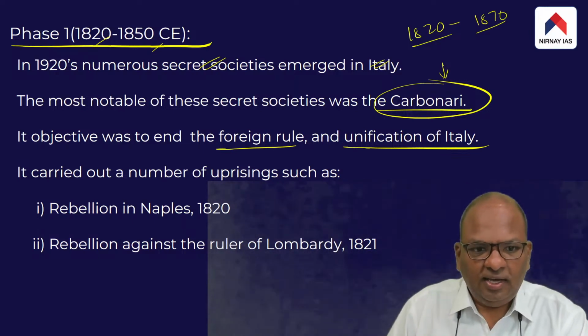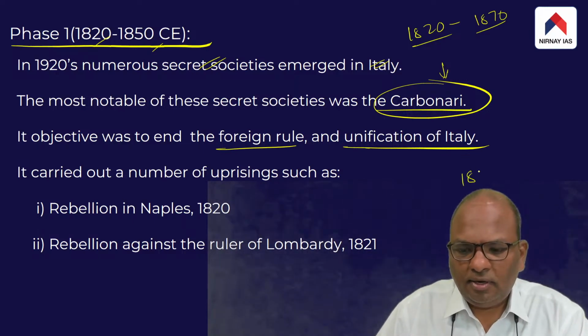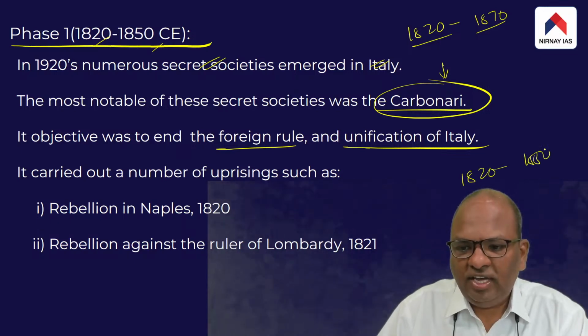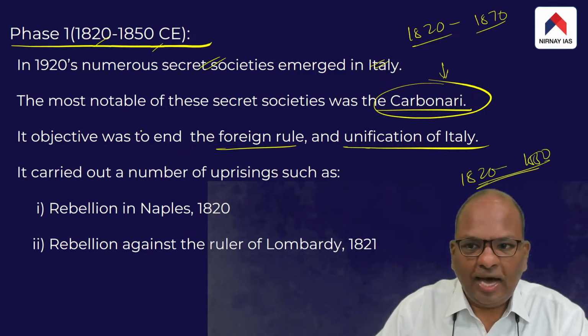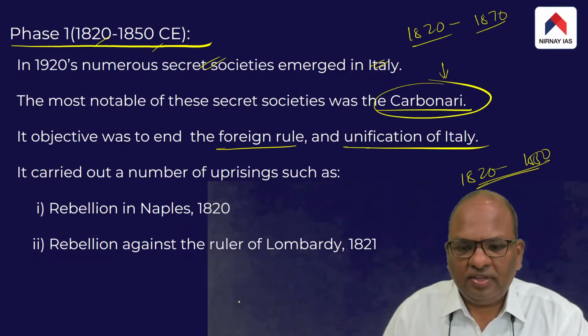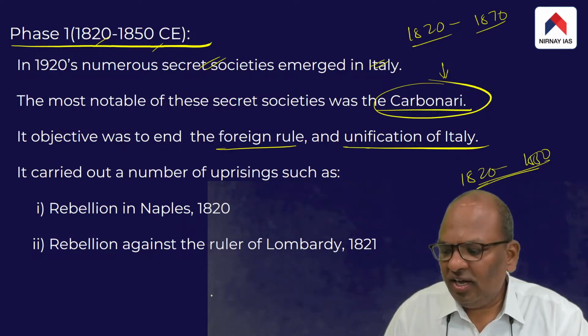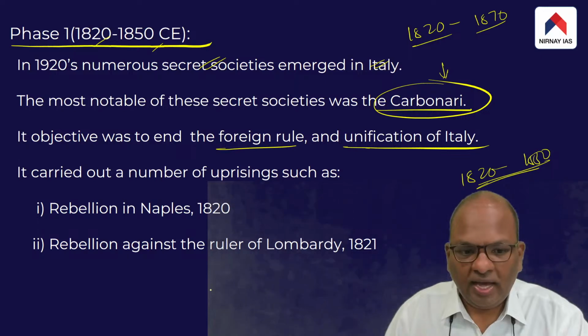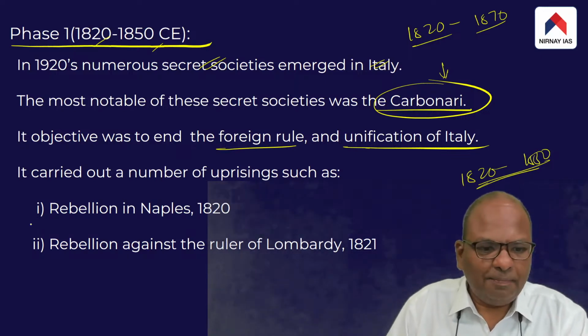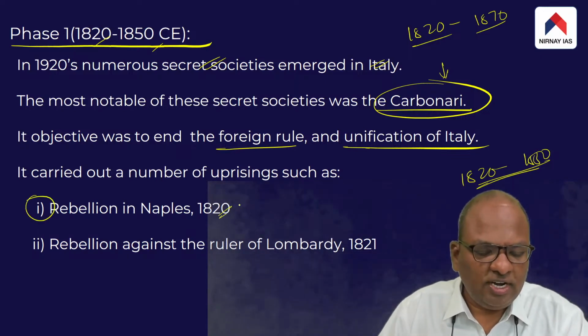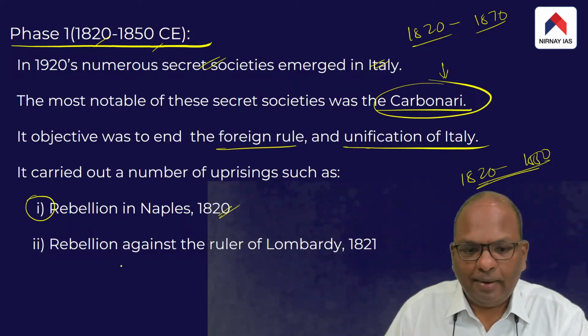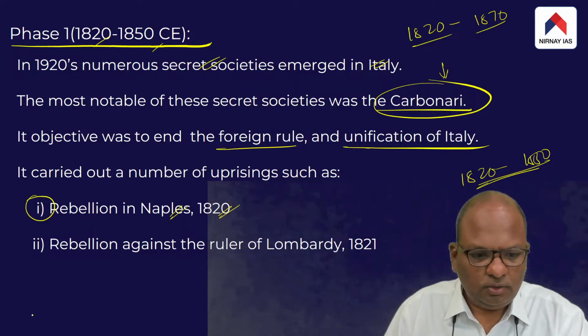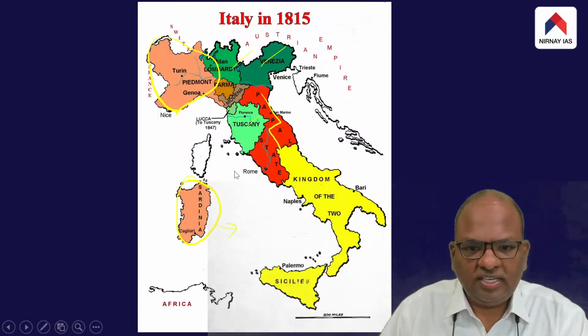So between 1820 to 1850, Carbonari was involved in carrying out various rebellions in Italy against the foreigners. For example, in 1820, it organized a rebellion in Naples. Take a look at this map.